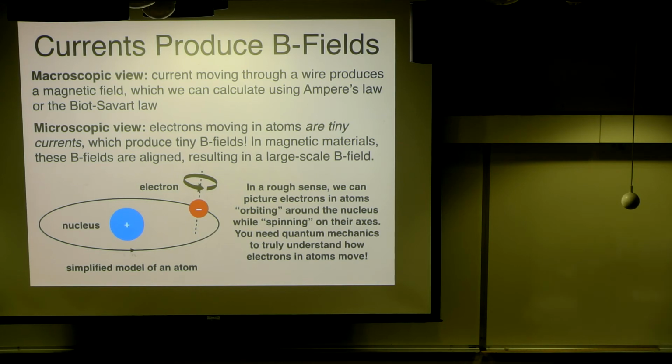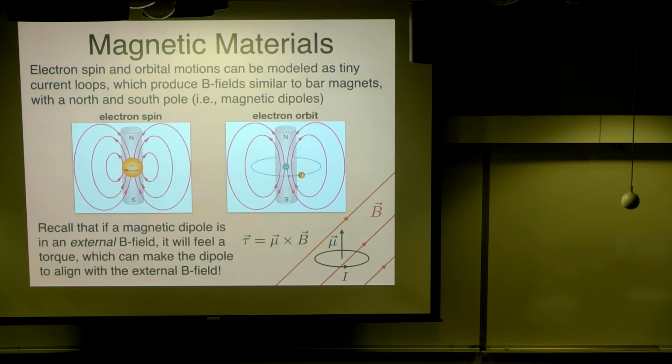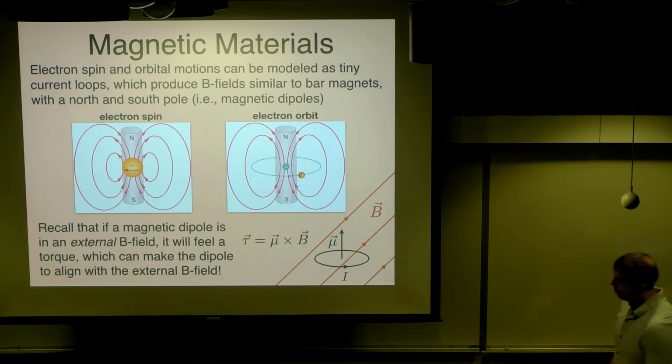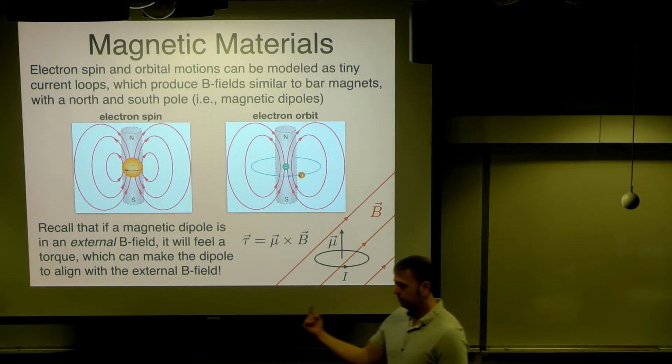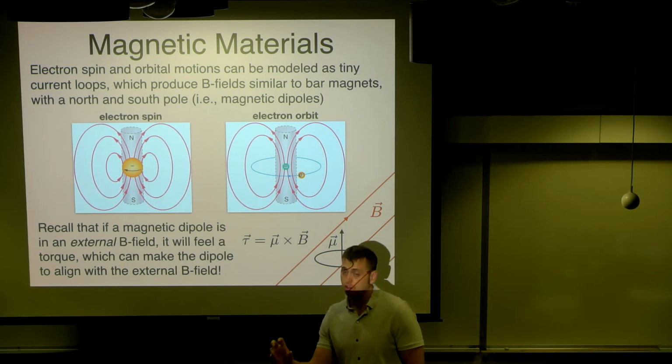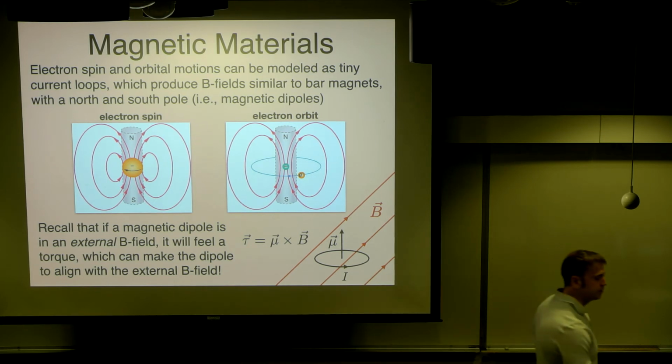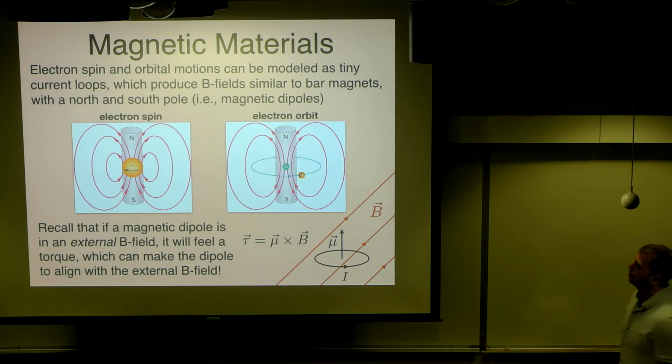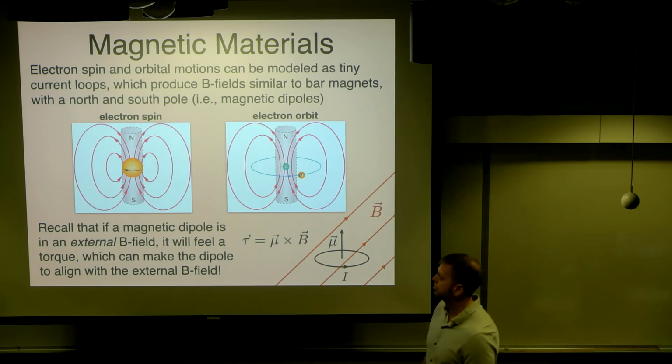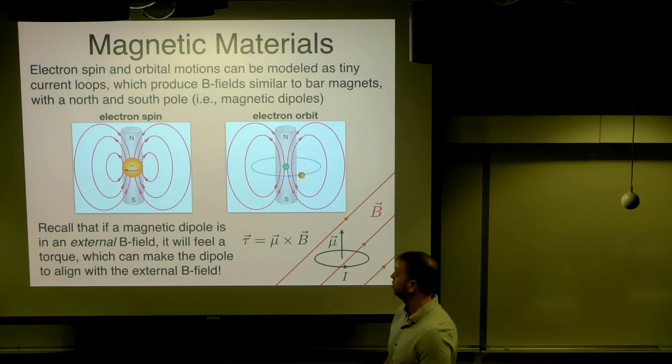Just because of the motion of electrons. And if we're talking about the orbit of the electron around the nucleus or the spin of the electron on its own axis, both of those can be modeled as tiny little current loops because what you have is electric charge in some way moving in a circle.